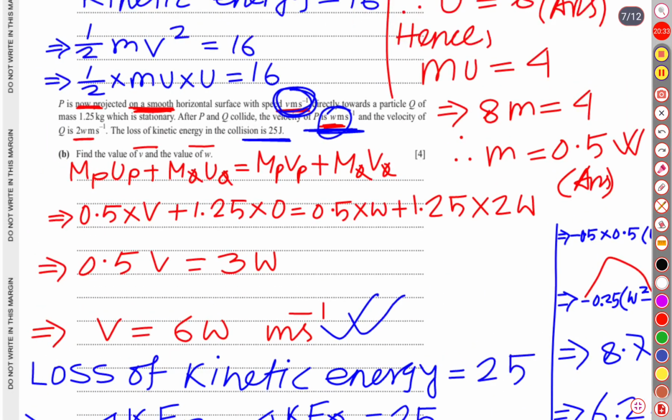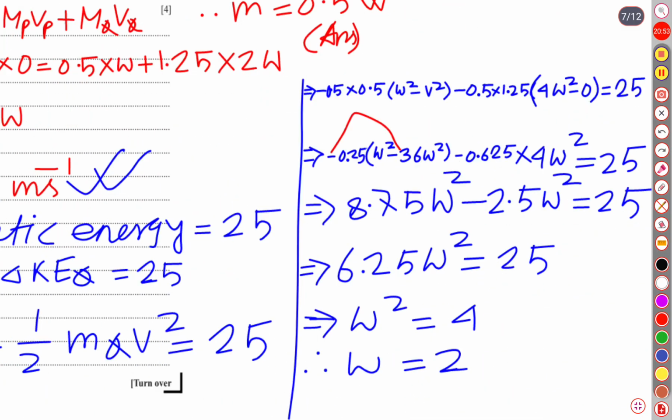Look at this, it was written that after the collision the velocity of q was 2 meter per second. Okay, so it was moving onward. Actually, when they collide with each other, there is no way for q to go back, so definitely this is positive. Okay, so w is positive. Now w is 2.